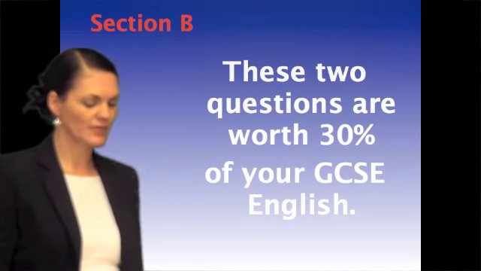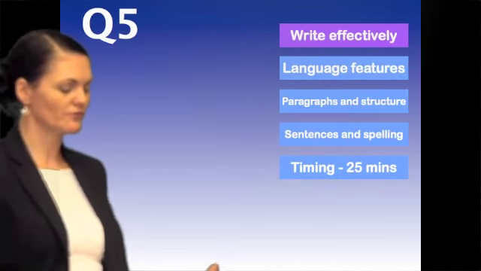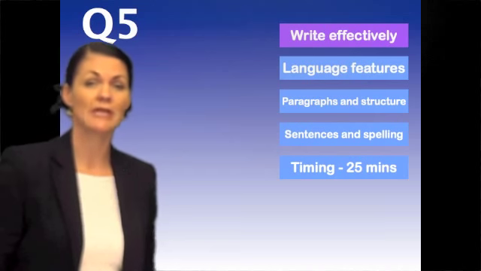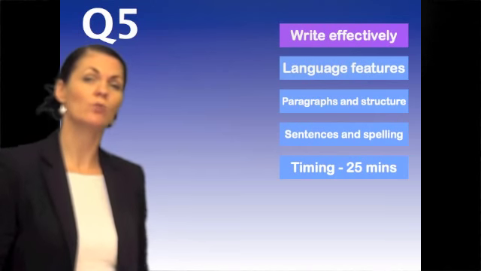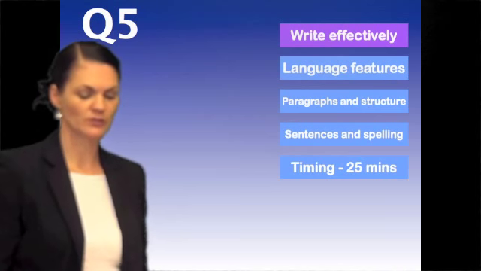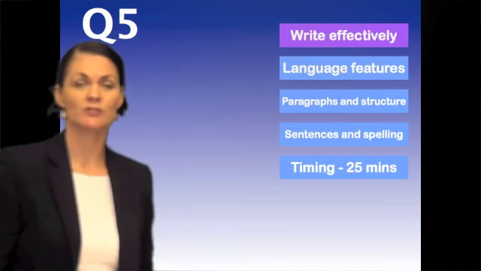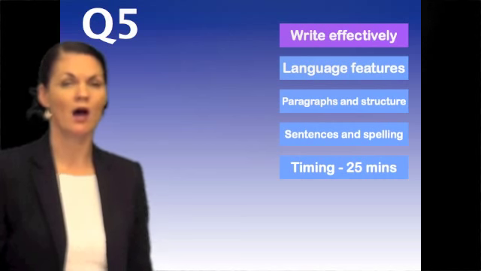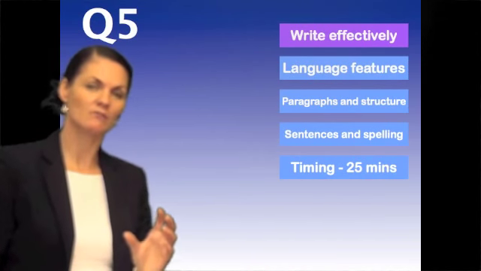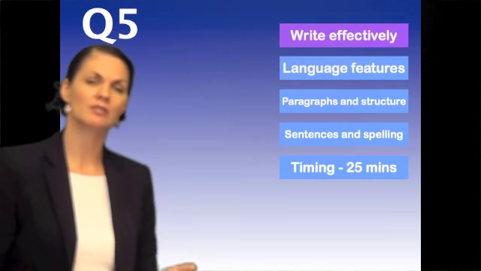The skill then is to write effectively, and in question 5 you'll be asked to inform, explain or describe. You don't get a choice, they just tell you what you have to do, okay? But we know what you're going to be marked on, and you're marked on language features, so this might be alliteration, but remember if you've watched the question 3 video, it's not just about limiting yourself to that.